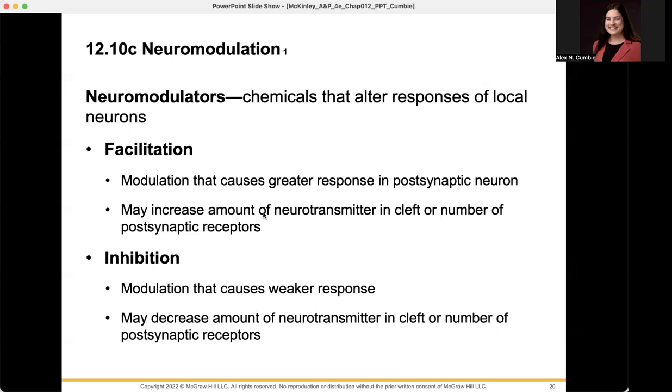They can increase the amount of neurotransmitter in the cleft or the number of receptors on the postsynaptic neuron, so that we can create a greater signal from that neurotransmitter. On the flip side, for inhibition, certain neuromodulators help create a weaker response, and they can do this by decreasing the amount of neurotransmitter present or by decreasing the amount of receptors on the postsynaptic neuron.